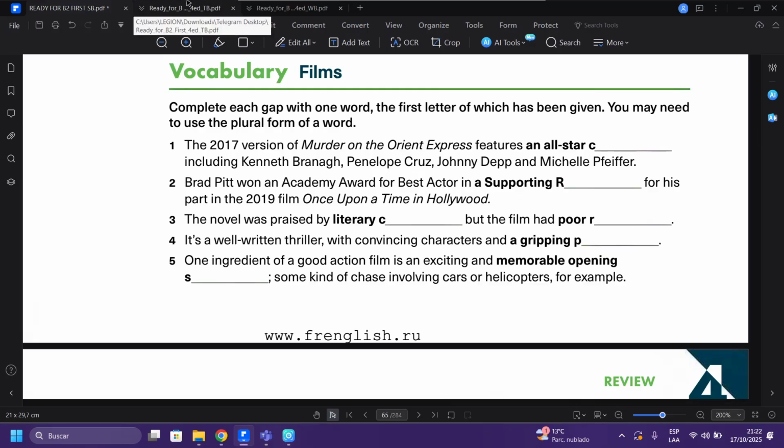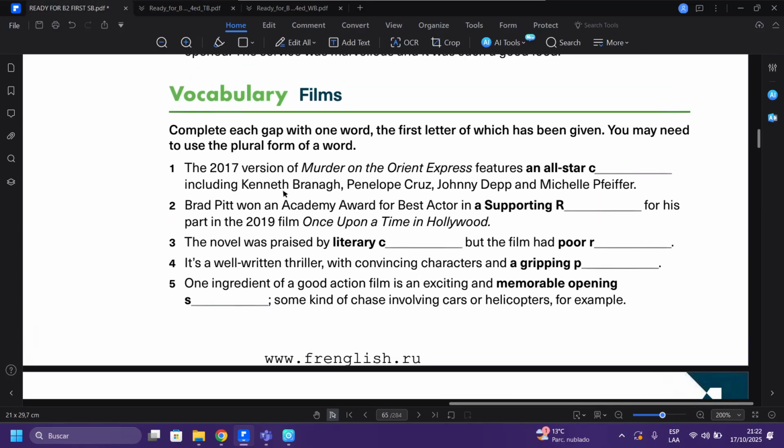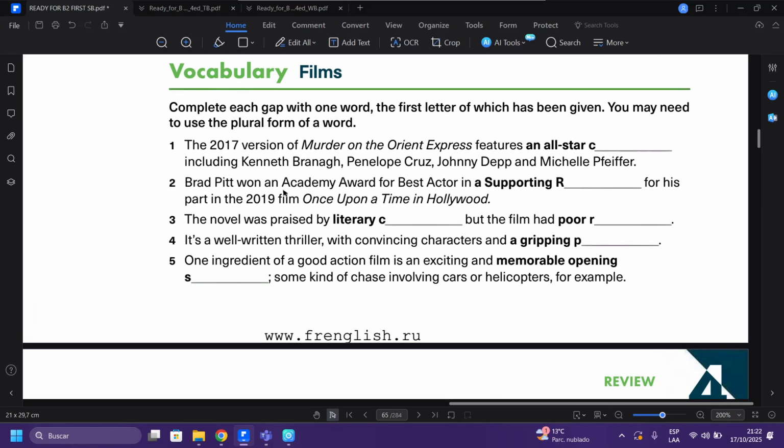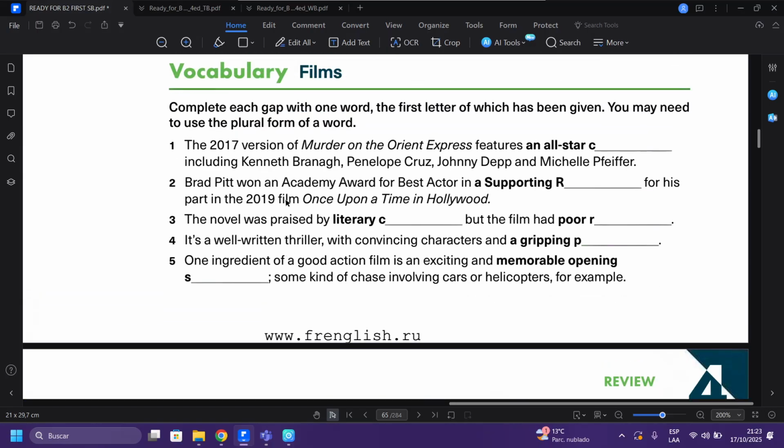What do you think is here? How do you call all of these people that are the actors and actresses of a movie? How is it called?